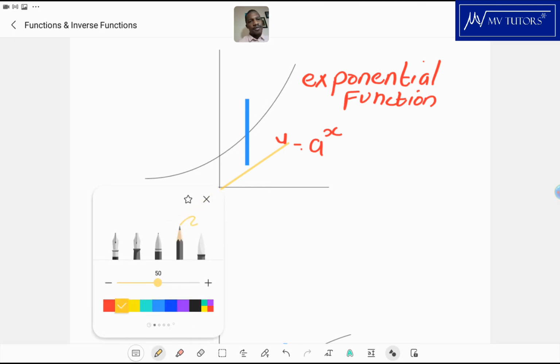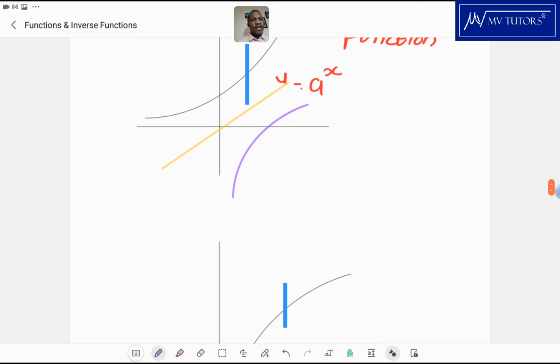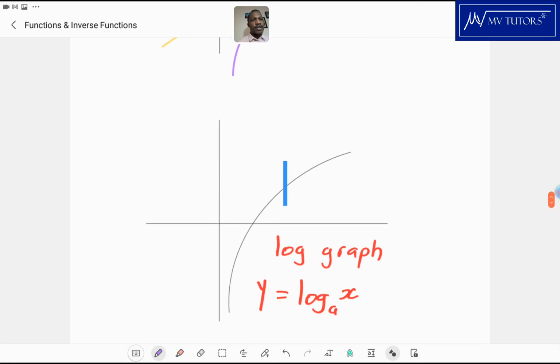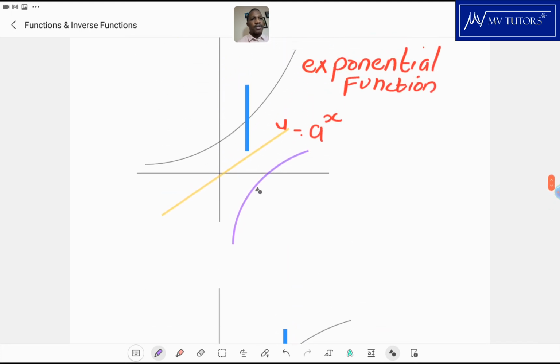When you reflect that line, it comes right here like that. So as you can see, this line is actually the same as the log graph. This graph, that's an inverse.